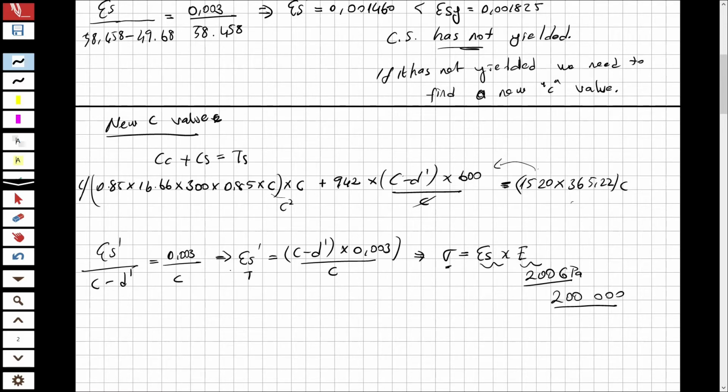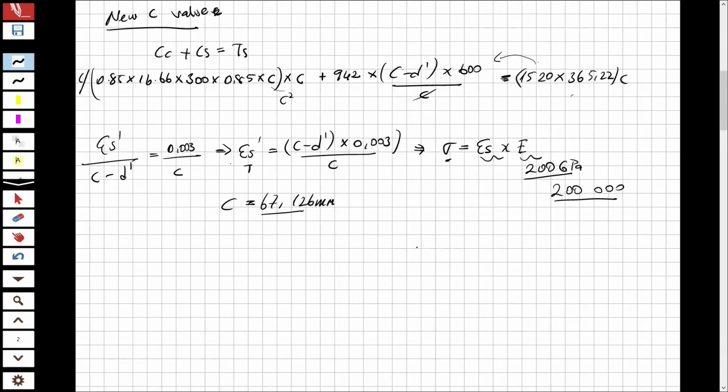It's going to be the second degree, so I can solve this equation. So when I solve this equation, I'm going to obtain C equal to 67.126. Okay. Now this is my new C value.